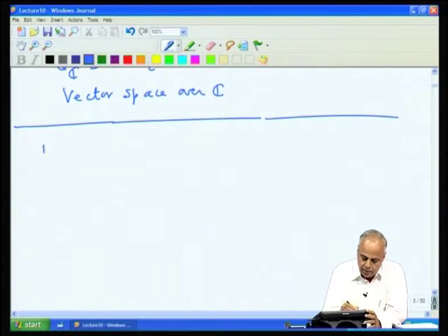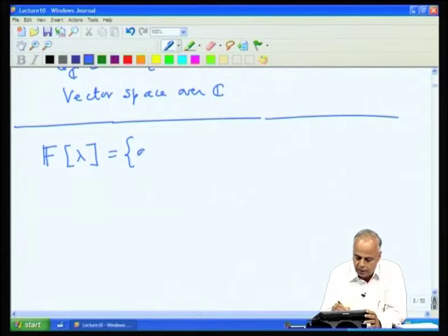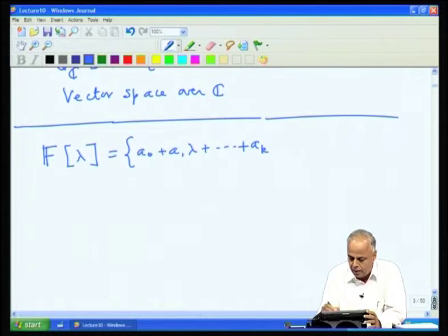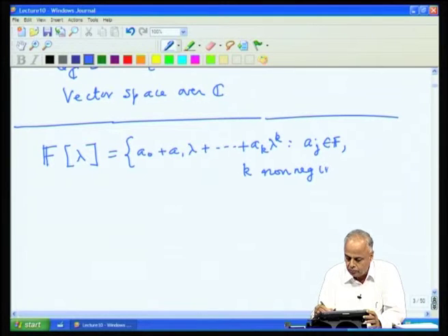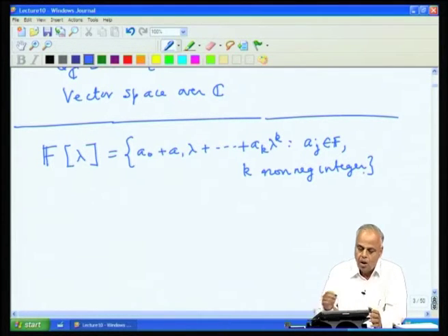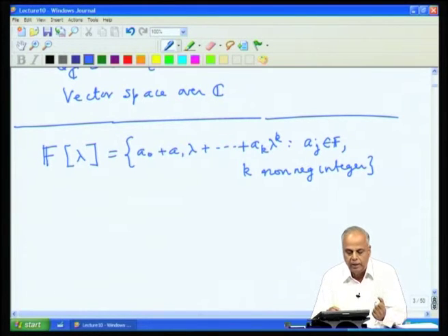Let us look at the next example, which we denote by F[λ]. This is the collection of all algebraic expressions of the form a_0 + a_1 λ + ... + a_k λ^k, as we vary these coefficients over F and vary k over all non-negative integers. So, the collection of all these expressions which we get by varying a_0, a_1, a_2, ..., a_k over F and varying k over the non-negative integers.